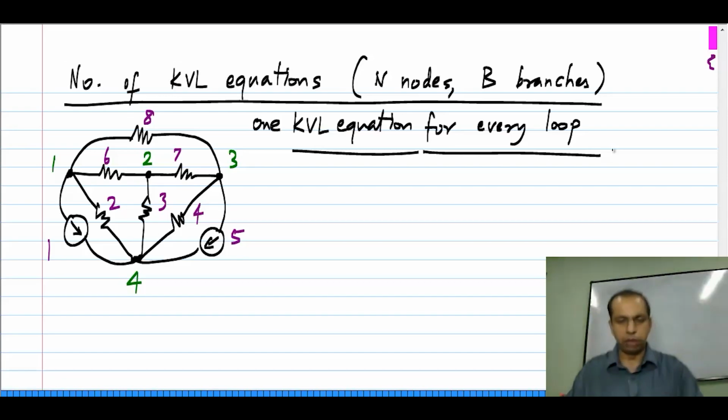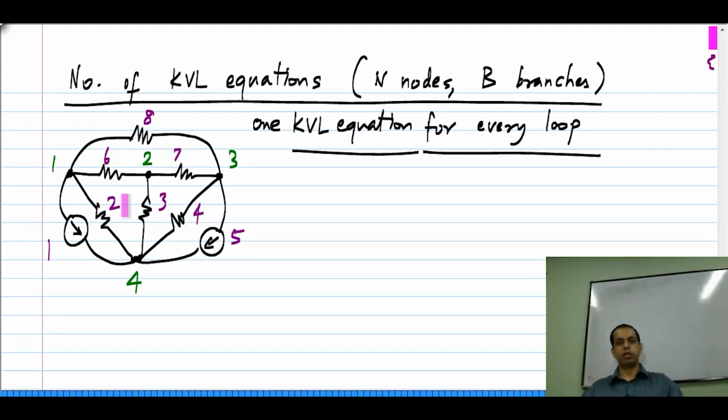By independent loops, I mean, for instance, branches 1 and 2 form a loop, branches 1, 6, 3 form a loop, branches 2, 6, 3 also form a loop. There are 3 loops, but it turns out there are only 2 independent loops. So, we can take either this loop and that loop or any 2 of them. Only 2 of them will be independent.